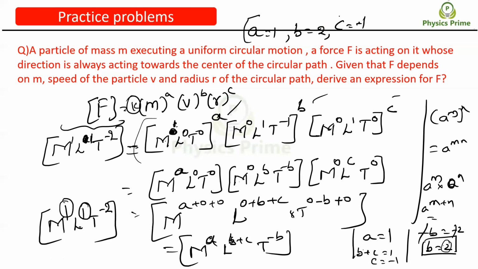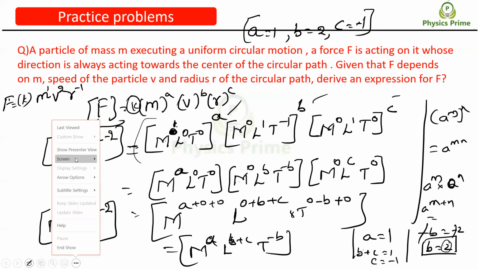Awesome. Got it? So can I write this as force is equal to some constant? I don't know as of now. Into M power 1, V power 2, R power minus 1, right? So wait a minute. What did you get here?